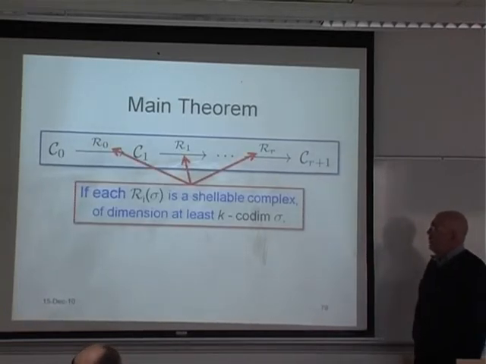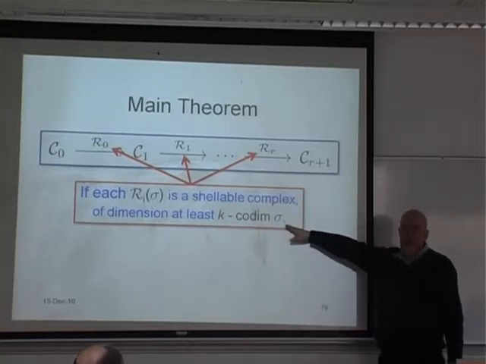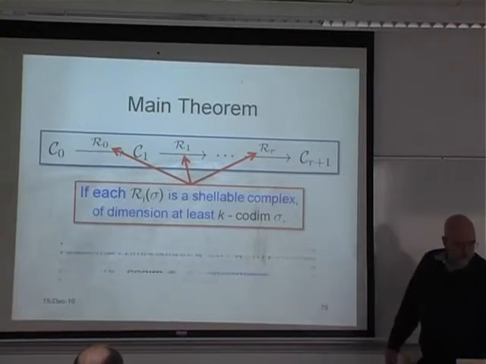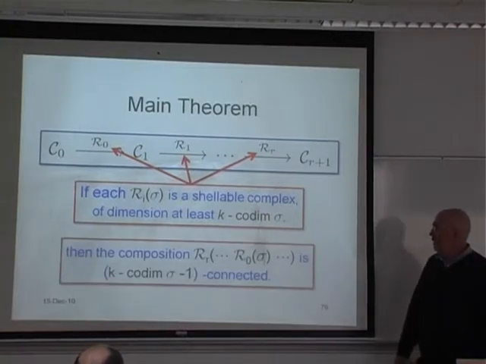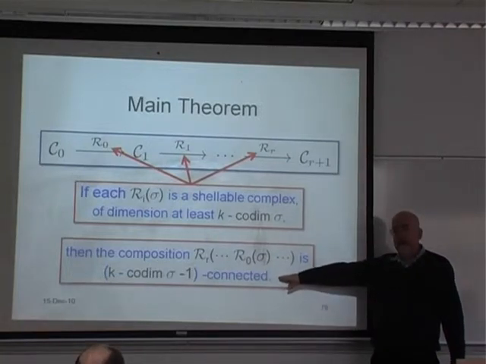And the theorem says that if the image of each simplex for 1 round is a shellable complex of this dimension, so in other words, if it's a facet, then it has to have a dimension at least k, then the composition of all of them is k minus 1 connected.